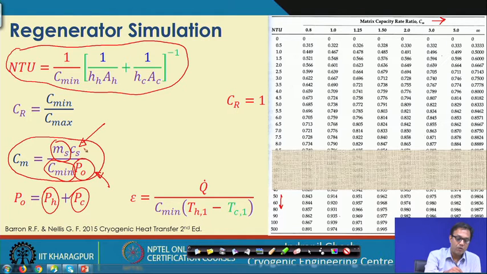Okay. Now, if it is in our control, the mass of the regenerator matrix, obviously a larger mass will give a better value. We can put a lot of mass, but obviously a lot of mass will also ensure a lot of pressure drop, but this Cs is something where we do not have much control.